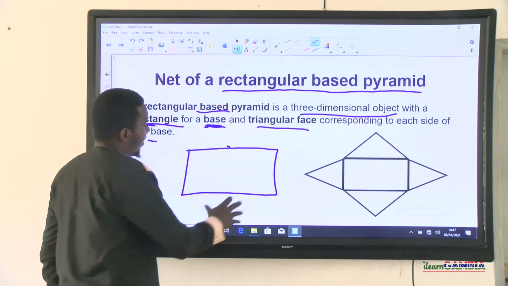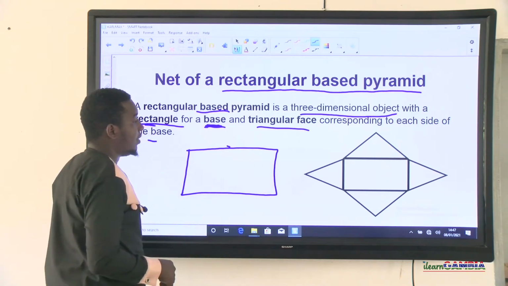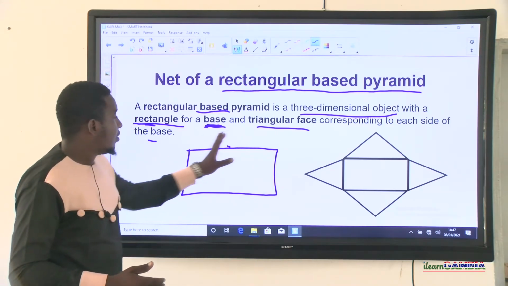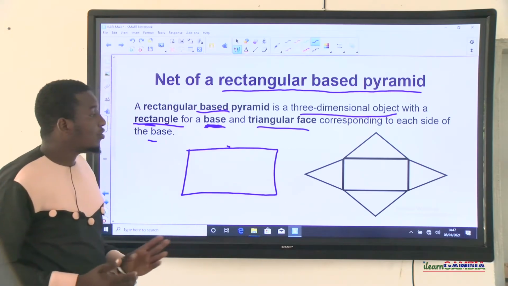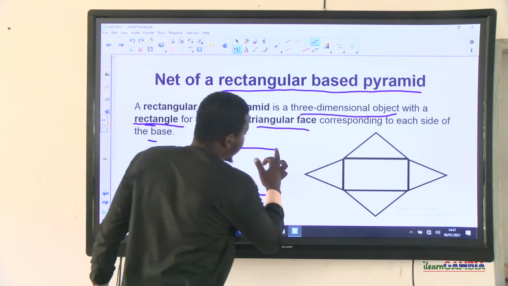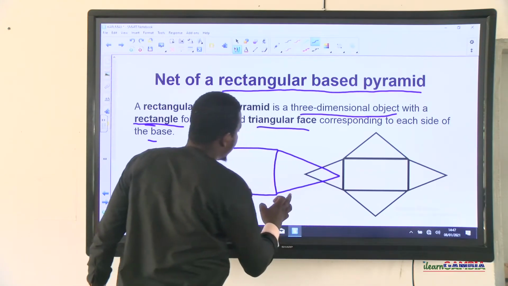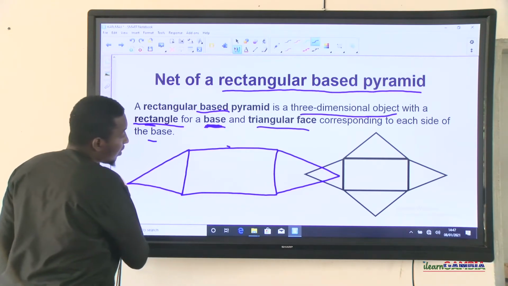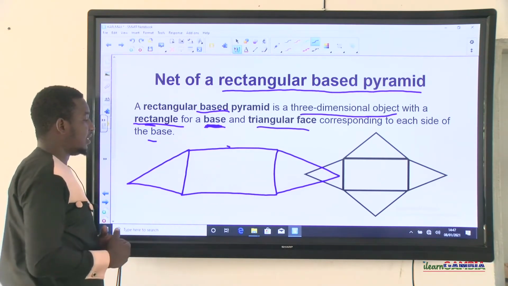For instance, if I have this rectangle here, in order to have its corresponding faces, they are all going to be triangles. This triangle on this side of the rectangle must be equal to this other triangle on the opposite side of the pyramid.